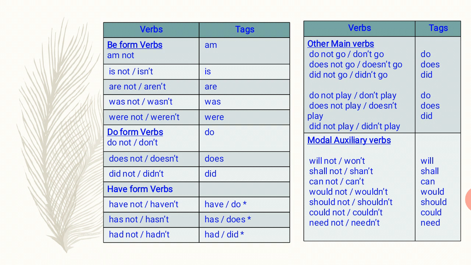Have forms: haven't, have or do, hasn't, has or does, hadn't, had or did. And the other main verbs: don't go, do, doesn't go, does, didn't go, did. And modal auxiliaries: won't, will, shan't, shall, can't, can, wouldn't, would, shouldn't, should, couldn't, could, needn't, need.